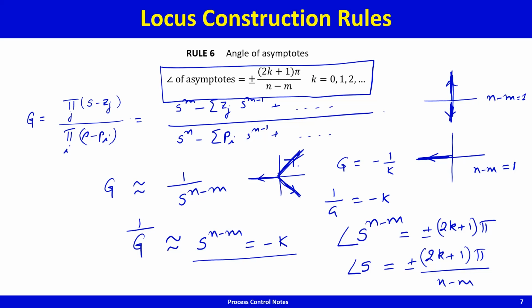So there are actually infinite such candidates. The next rule gives the real axis intercept of these asymptotes, which will exactly locate them. Similarly, for n minus m equal to 4, you will get whatever you will get. For 5 you will get 36, plus minus 36, 108, and things like that. So this is for n minus m equal to 3.